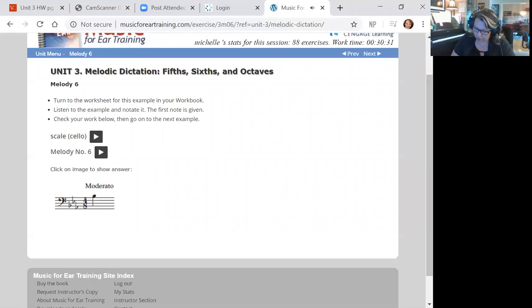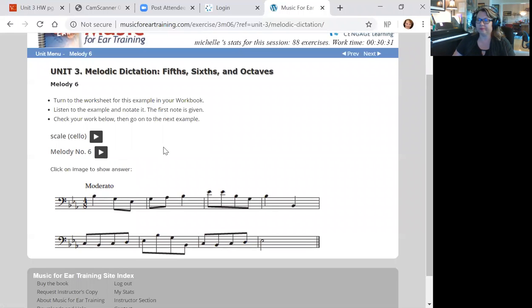Do, sol, mi, sol. It's a low sol. Do, sol, mi, sol. Those are big jumps. That's a really hard measure to hear, I think. La, sol, la, ti, do. This is a hard one. Look at this thing.